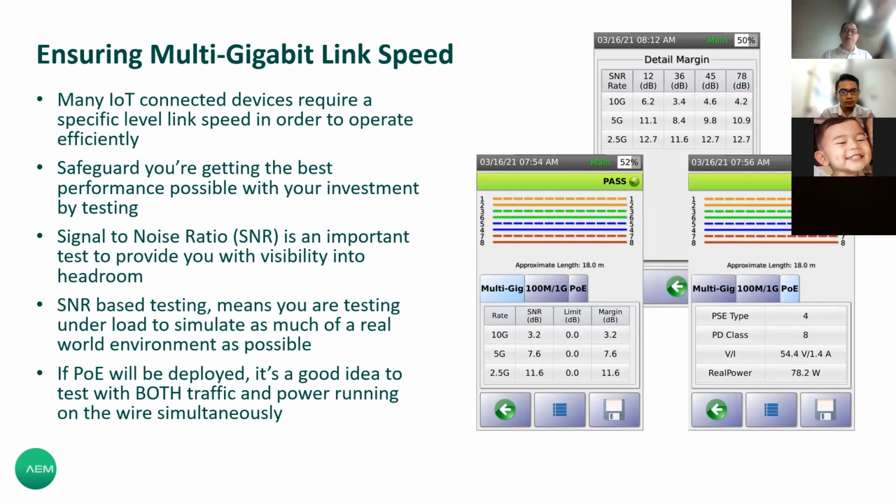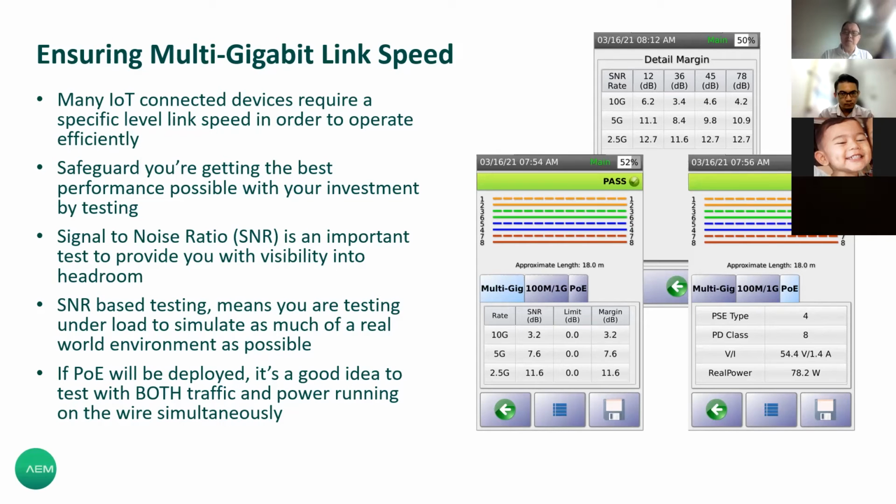If I go for 2.5 gig, I get even higher, because the application is now lower, so you get a bigger SNR. SNR determines what noise is affecting that particular cable. As I said, noise can be internal or external. Internal could be your cable-to-cable noise.